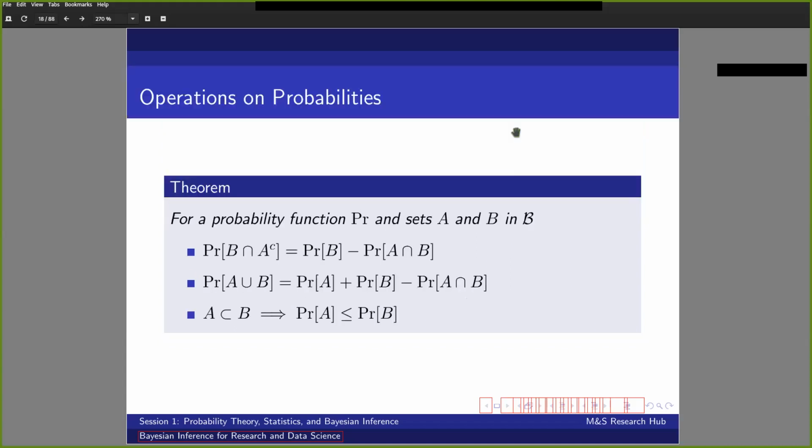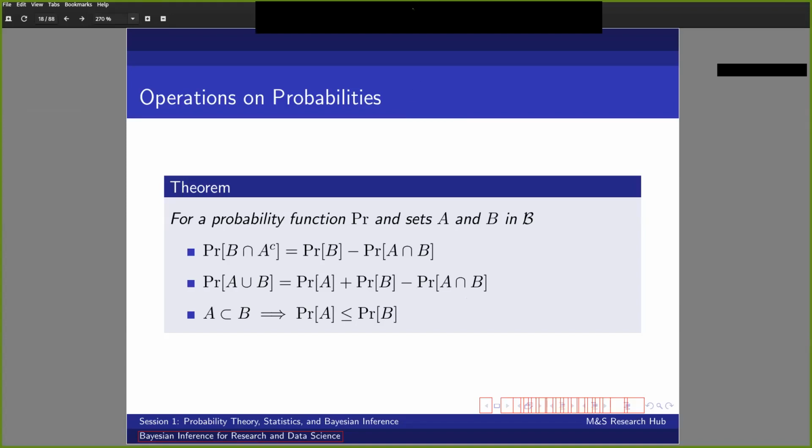The next theorem: for probability function P and sets A and B in the sigma algebra B, we have that the probability of the intersection of B and A complement is equal to the difference between the probability of B and the probability of the intersection of A and B. Next, the probability of the union A union B is equal to the sum of the probabilities of A and B minus the probability of their intersection.